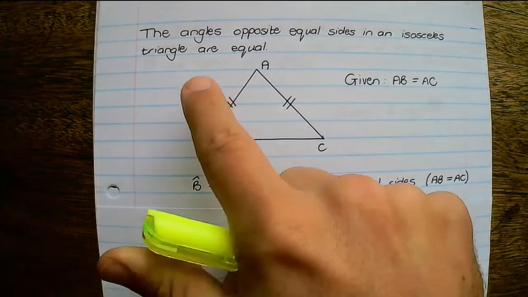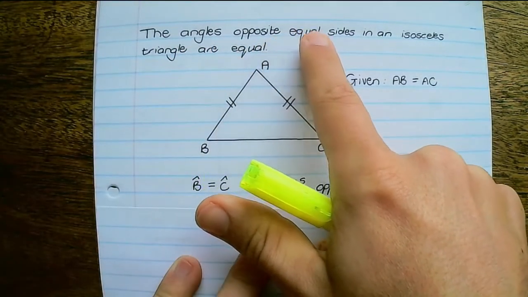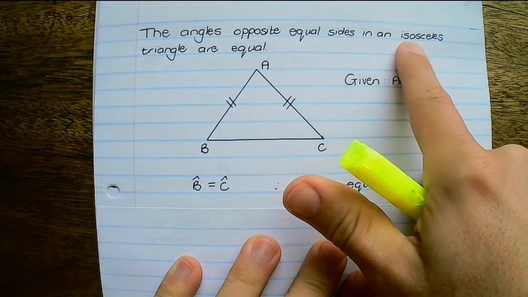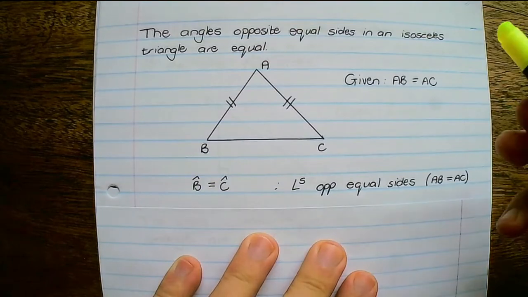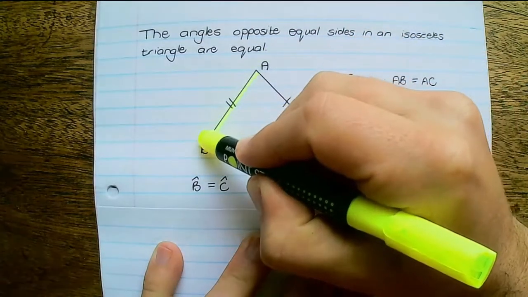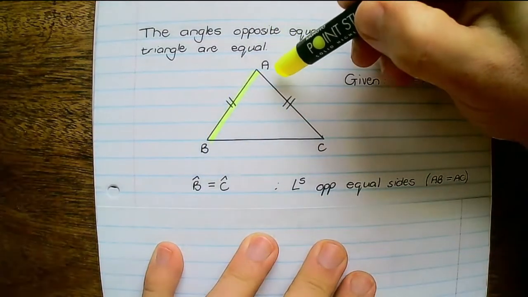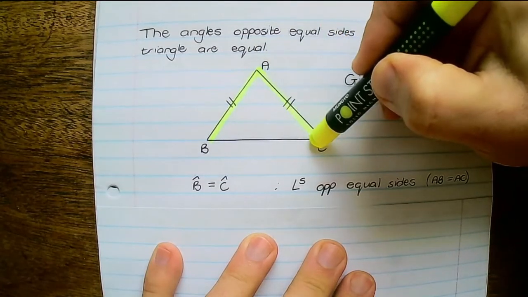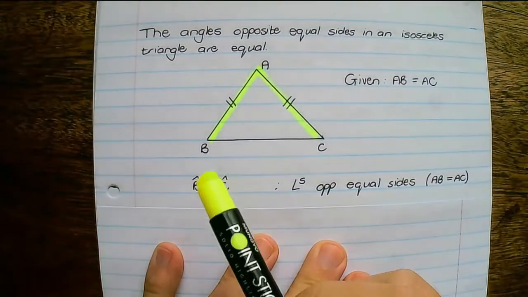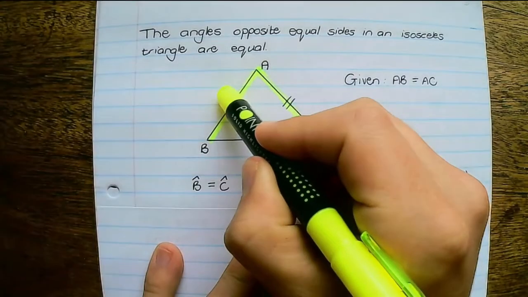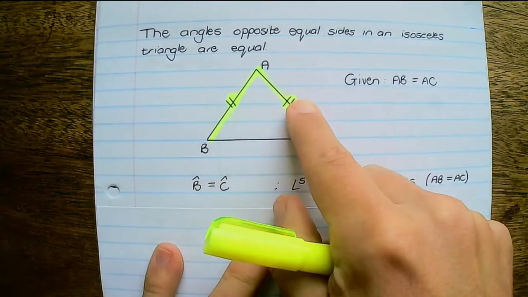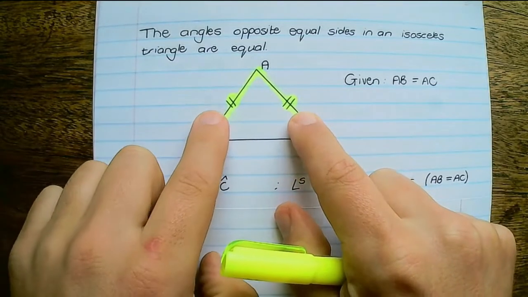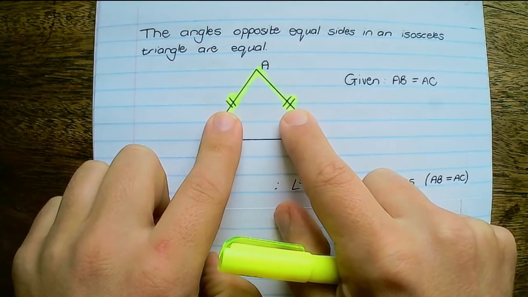Next up, we have the angles opposite equal sides in an isosceles triangle are equal. So we are given information that the line AB is equal to the line AC in length. In a diagram, lines through, not arrows, but lines through, tell me that those two sides are equal in length.